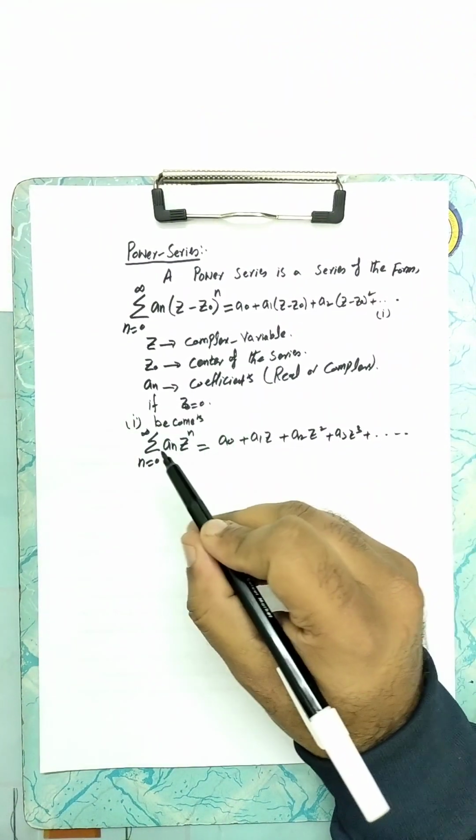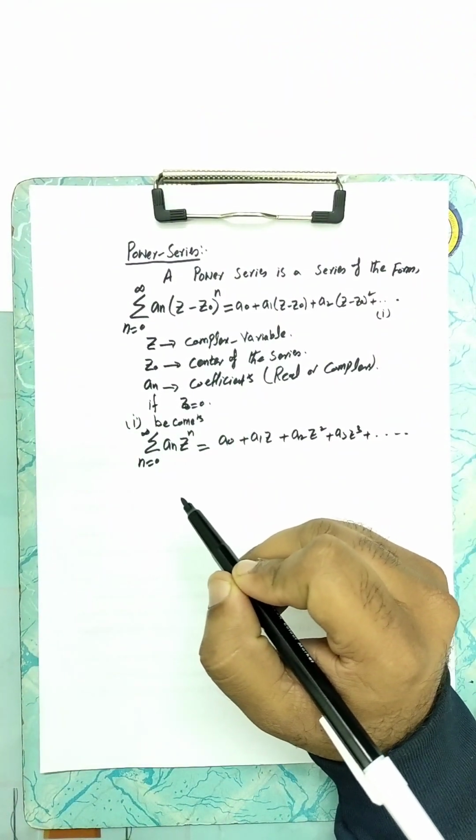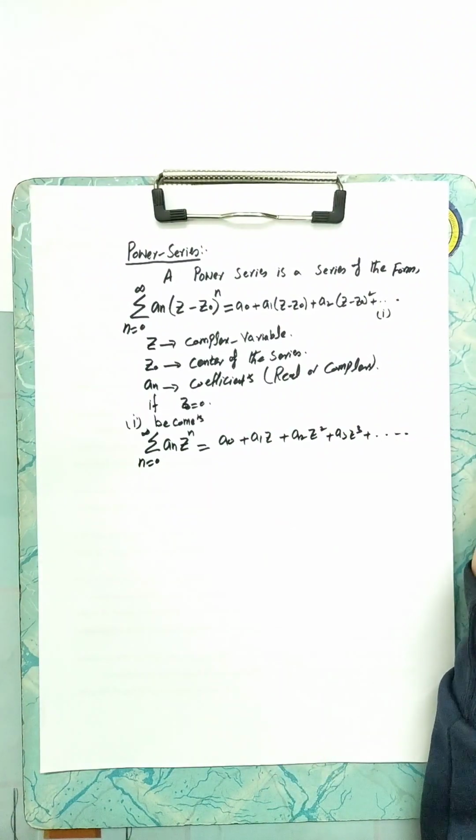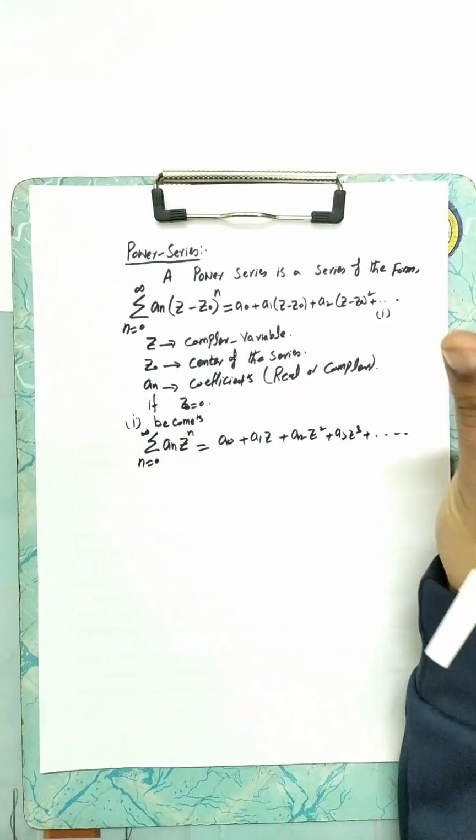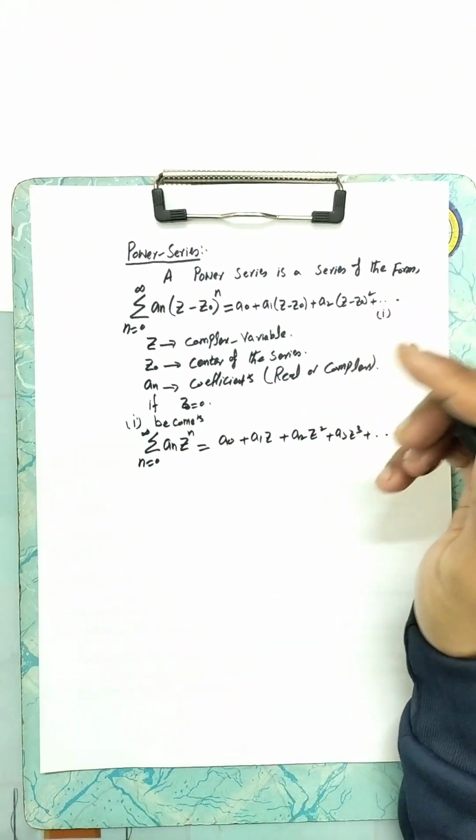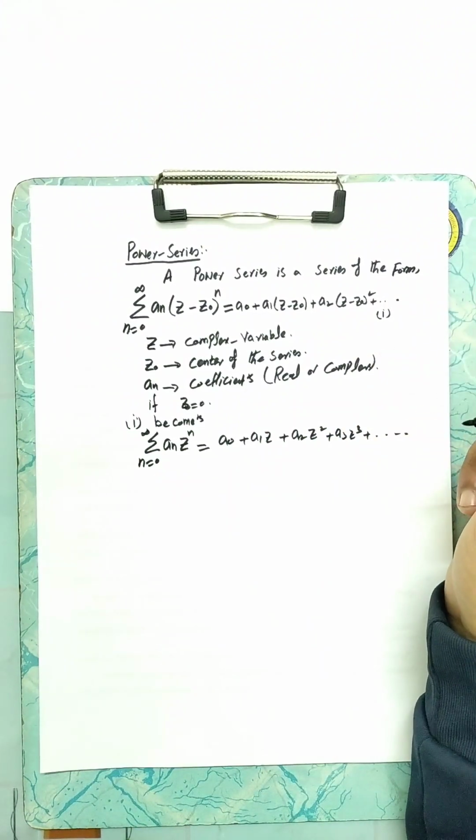So this is the power series with center 0. This is a basic definition of power series.